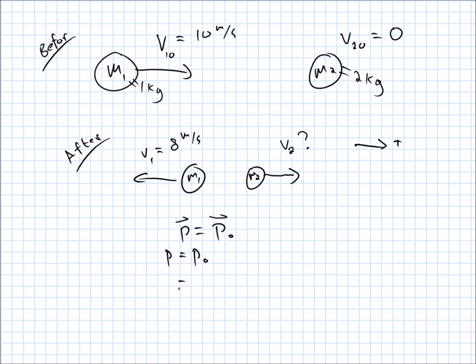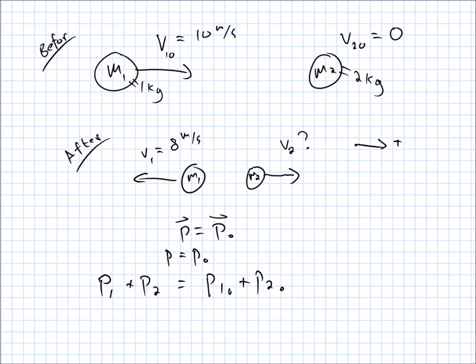So we just have to write out the final and initial. Initially, we had the momentum of mass 1 plus the momentum of mass 2, initial, and at the end, we have the momentum of mass 1 final plus the momentum of mass 2 final.